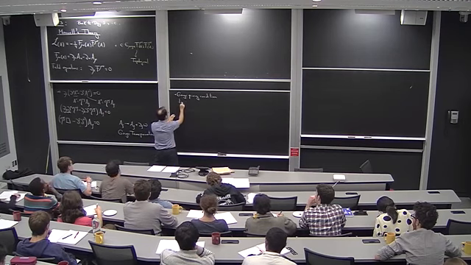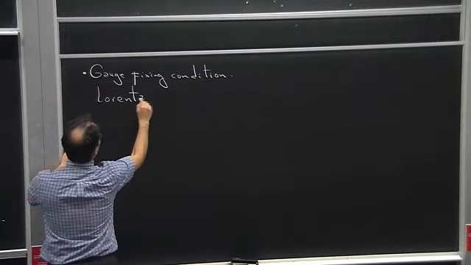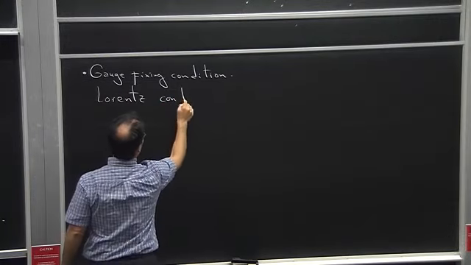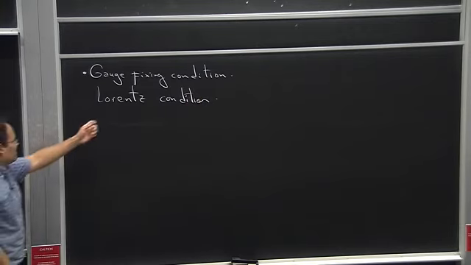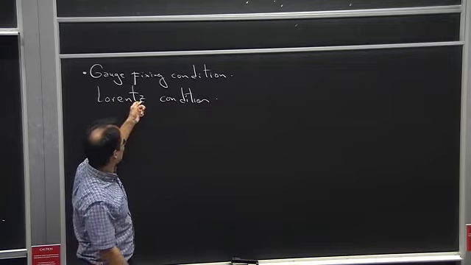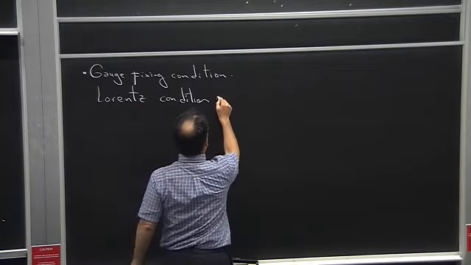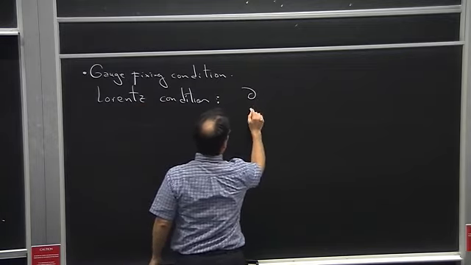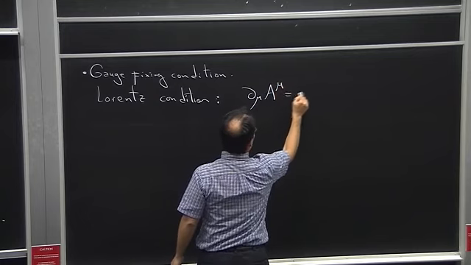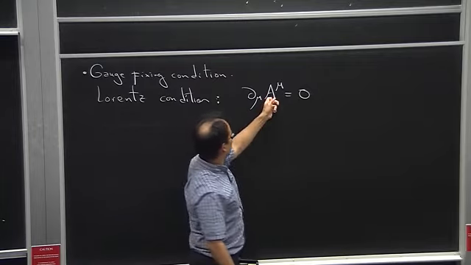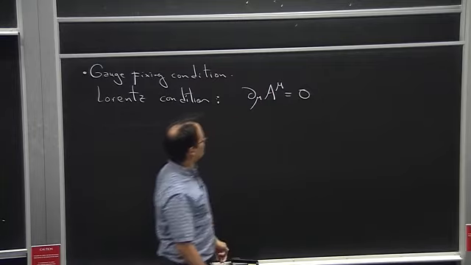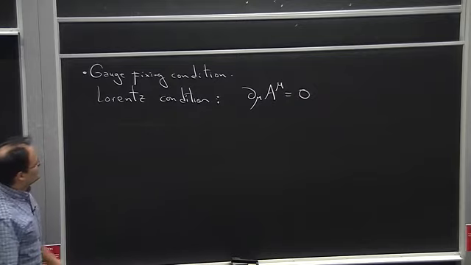So one is the Lorentz condition, which is kind of a historical accident. The condition that one can impose is to ask the gauge potential to have 0 divergence in 4 dimensions, okay?